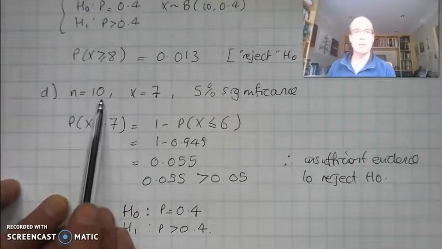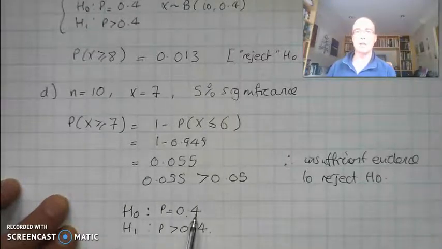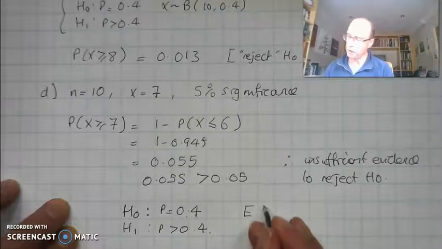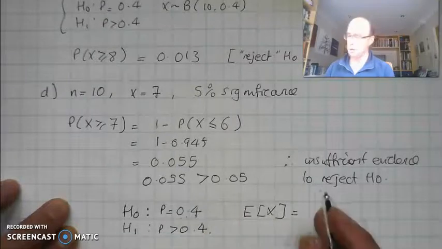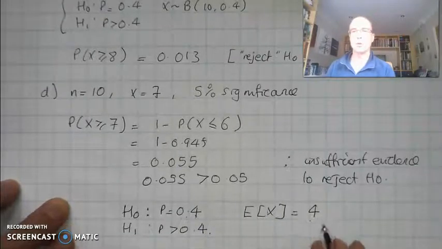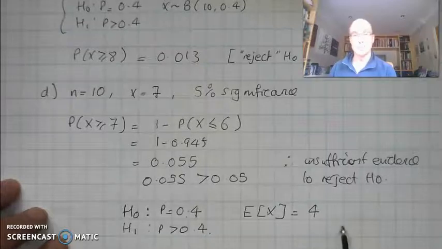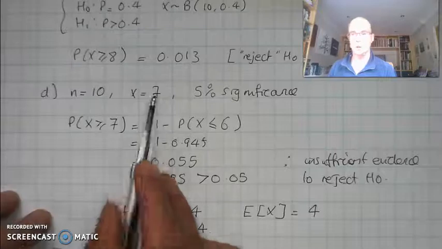If I've got 10 people coming in, and under H0 I've got a probability of 0.4, my expected value for x is going to be 0.4 times 10, so 4 people expressing a preference for organic food. But I've actually got 7 people preferring organic food.